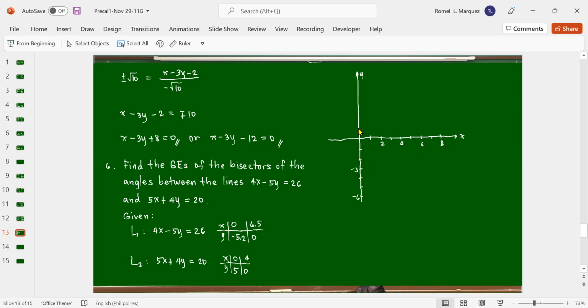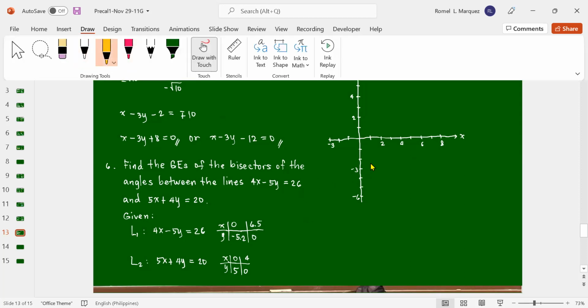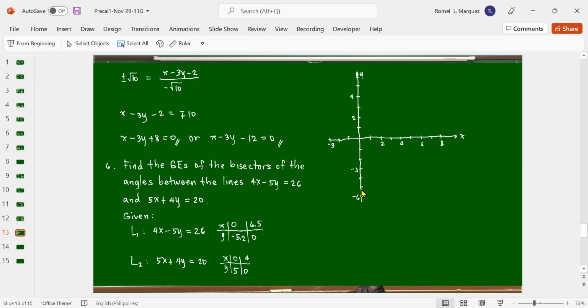So first line, 0, negative 5.2, around here. And then 6.5.